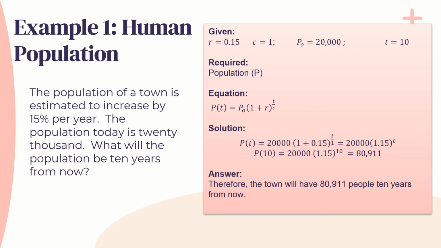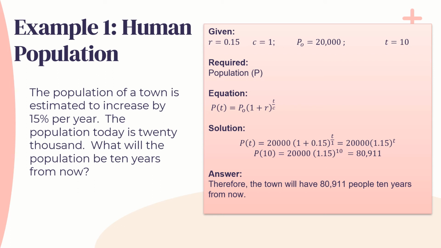That is why we're using the population growth, exponential growth, sorry. So P of t is equal to P initial quantity 1 plus r to the power of t over c again, so we'll be directly substituting it. So in the first line, you can answer like this: P of t is equal to 20,000 quantity 1 plus 0.15 to the power of t over 1. That is 20,000 quantity 1.15 to the power of t.